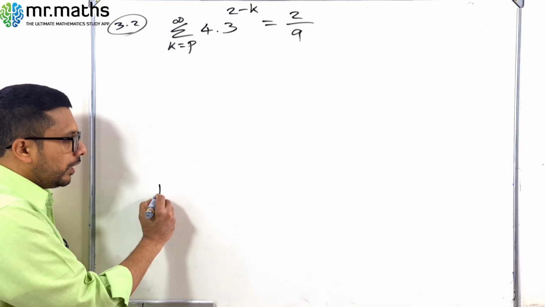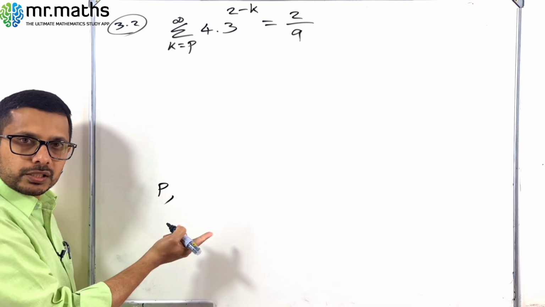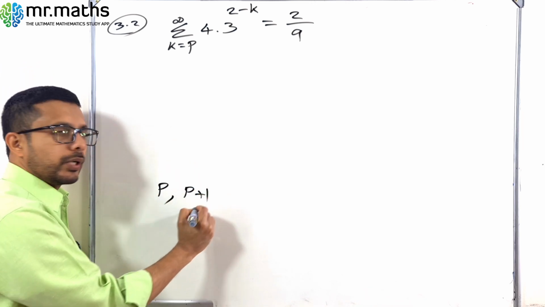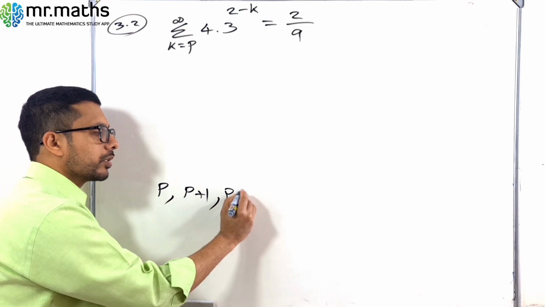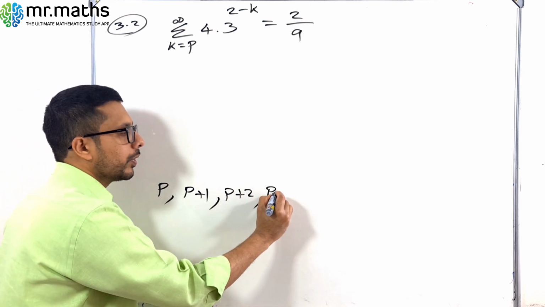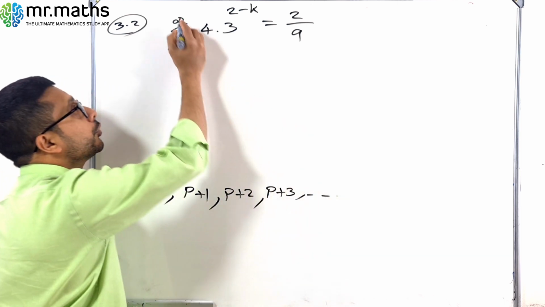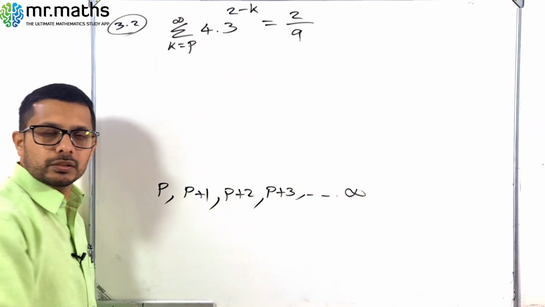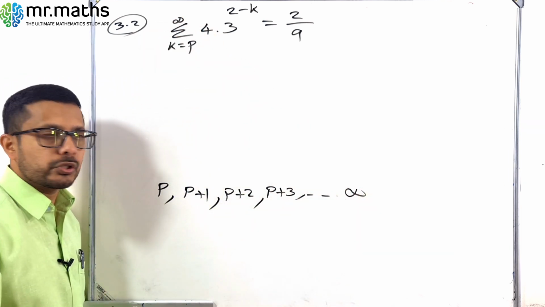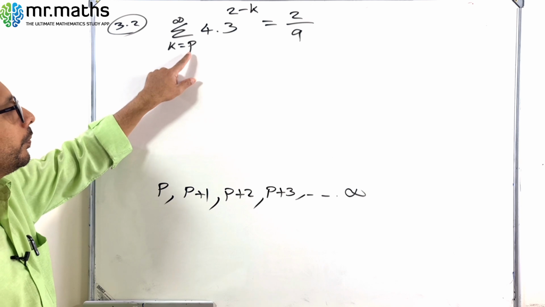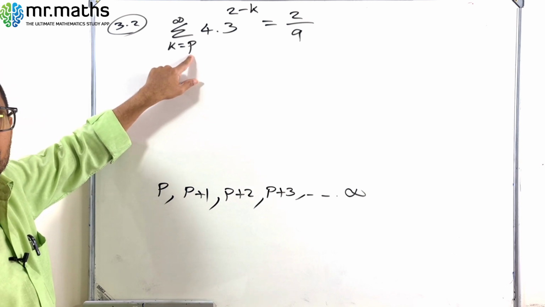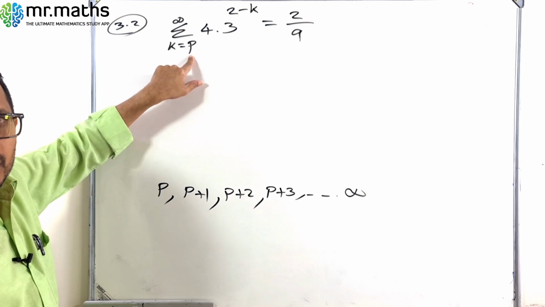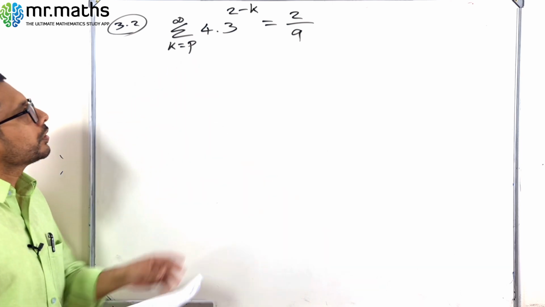If it is p, then 1 more than this is the second term. That means the second one is p plus 1, then the next one is p plus 2, next one is p plus 3, up to infinity. Do you understand? This is how you substitute the value of k: first p, then p plus 1, then p plus 2, p plus 3, like that.